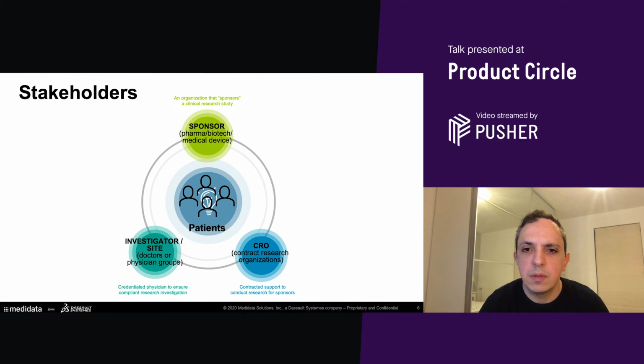And of course, in the center of this ecosystem are the patients themselves. They are the ones who need to be recruited in order for the trial to take place, and they are very, very central to any clinical trial for various reasons.